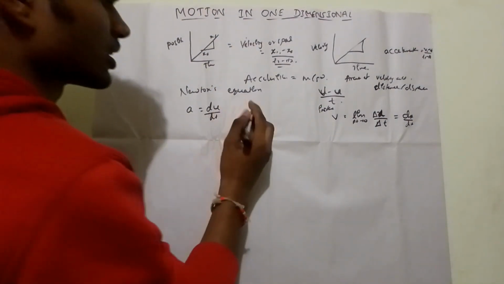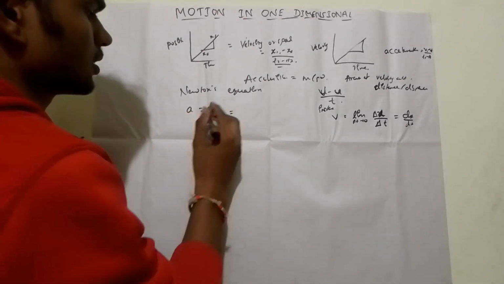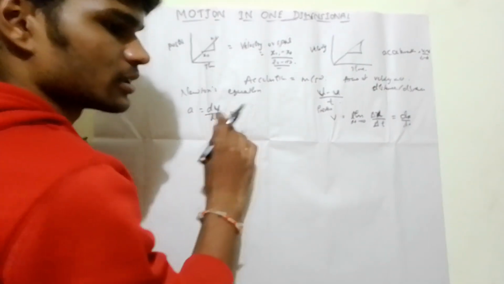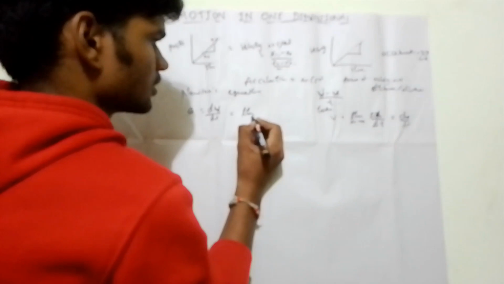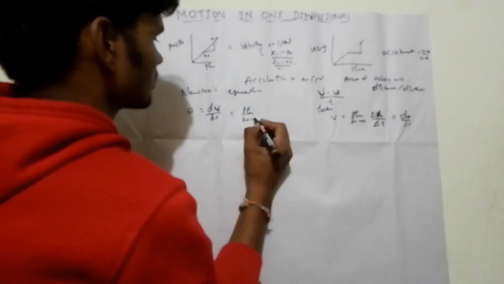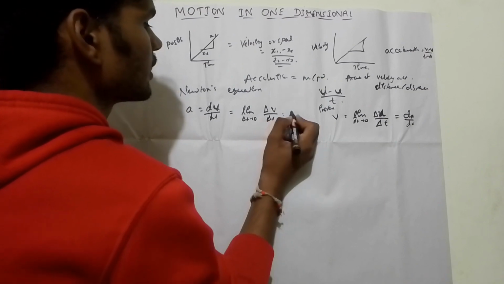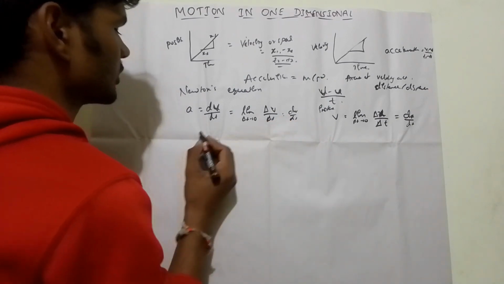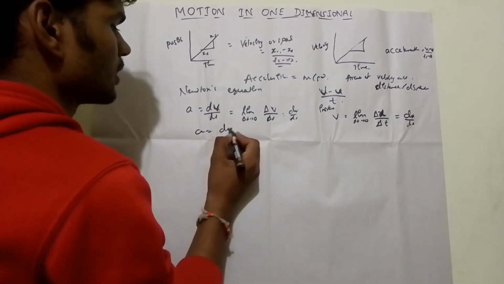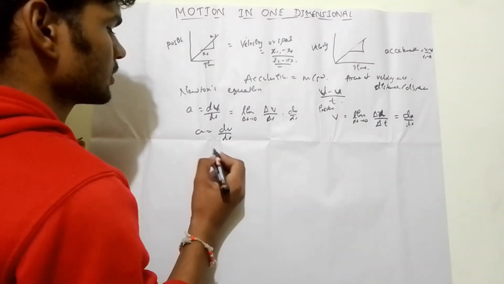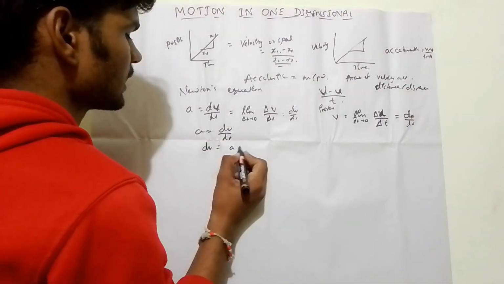Similarly, the instantaneous acceleration is delta v by delta t, which is dv by dt. So a is equal to dv by dt, and dv is equal to a dt.